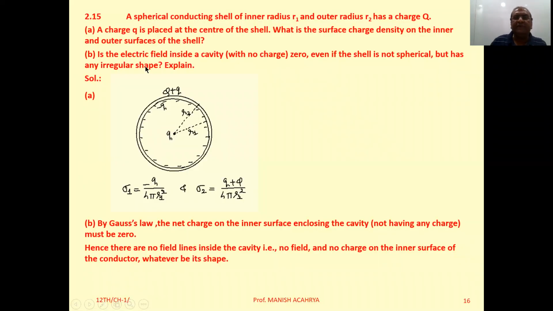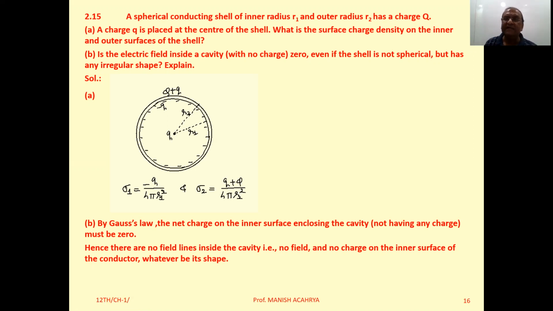Now see, suppose we consider a cavity for which there is no charge inside it. If we consider a Gaussian surface very close to the surface of that cavity, then as per Gauss's theorem, we can write flux passing through that Gaussian surface, that is integration E dot dA equal to sigma q upon epsilon 0.